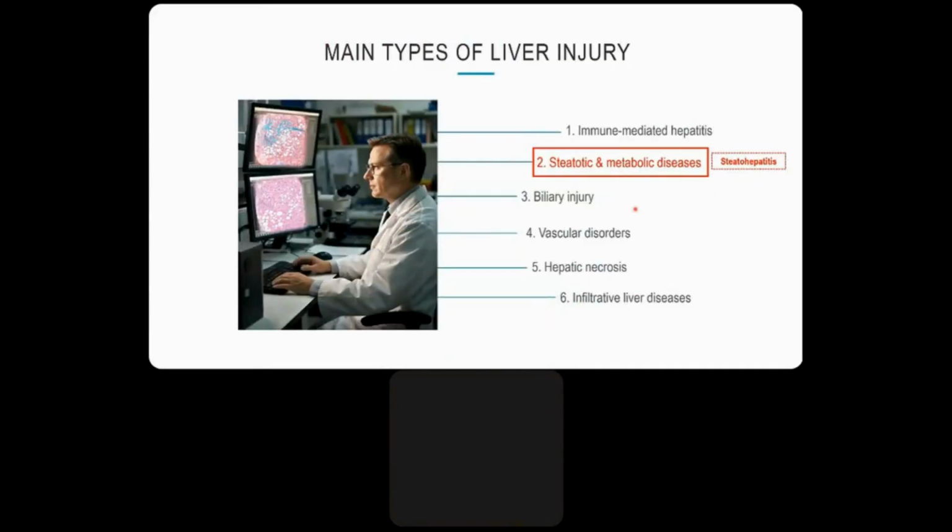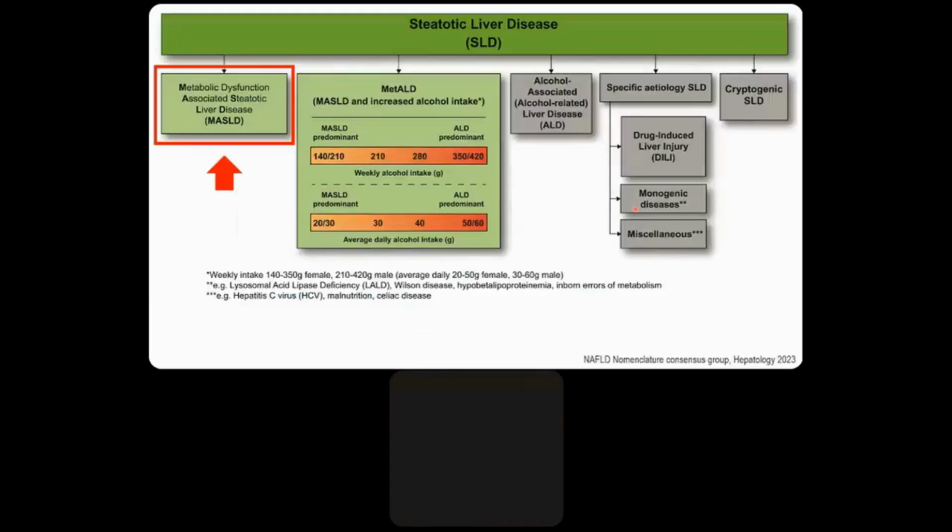So as you might have guessed, the pattern of injury here is steatotic liver disease with active steatohepatitis. And this slide illustrates the main etiologies of steatotic liver disease, with the most common causes being metabolic dysfunction associated steatotic liver disease and alcohol, or a combination of the two.